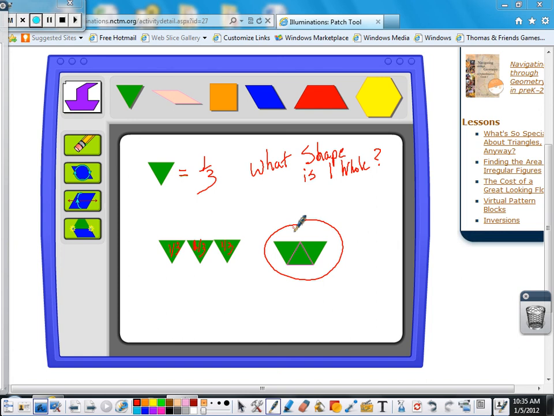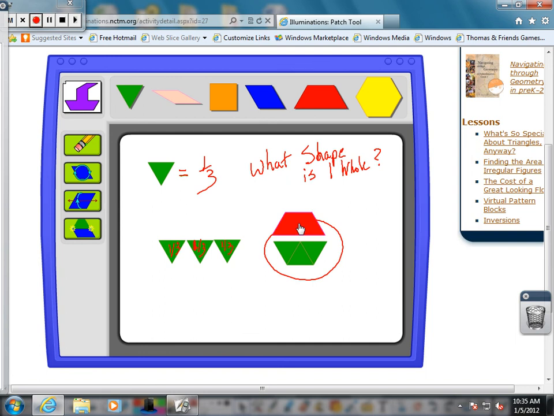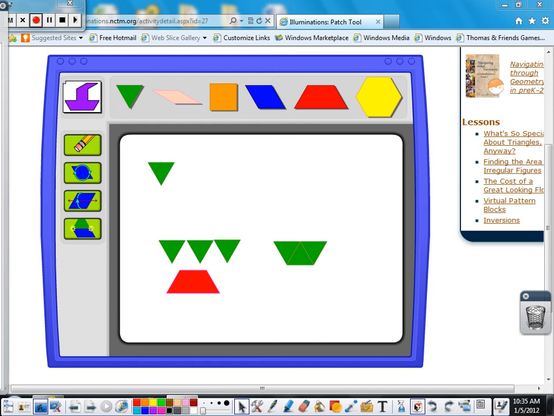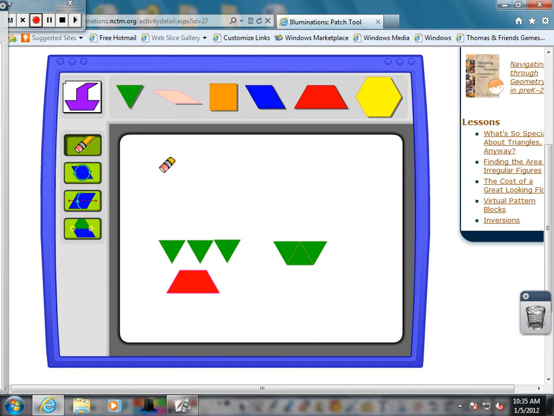So if a triangle equals 1/3, 3 of those triangles now are going to be one trapezoid. All right, so that's another good example. Let's try a couple of more here. Let's clear off the screen, and let's get rid of some of our shapes. All right, let's do one more.